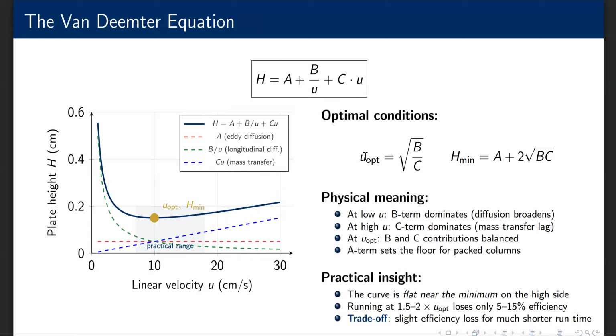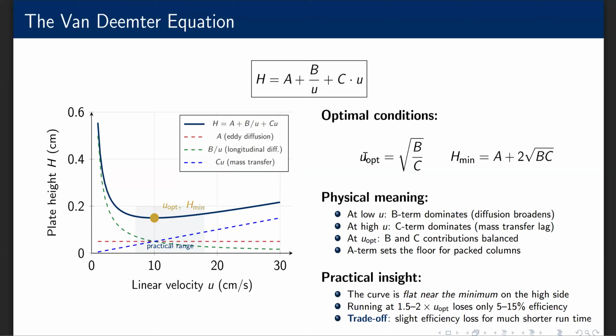The Van Deemter equation, shown here at the top in the box, is H equals A plus B over U plus C times U. It is one of the most important equations in chromatography, and you can study the plot on the left carefully.